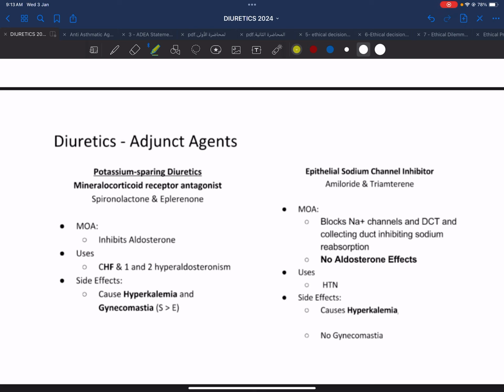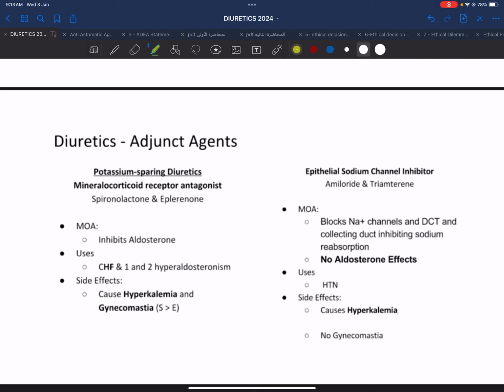It has no effect on the mineralocorticoid receptors like spironolactone and eplerenone. So keep in mind that its mechanism of action is different: it doesn't block aldosterone. It spares potassium by a different mechanism.